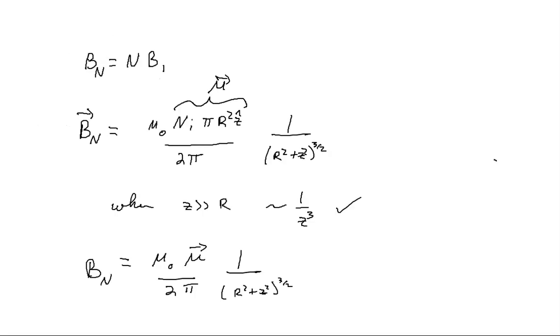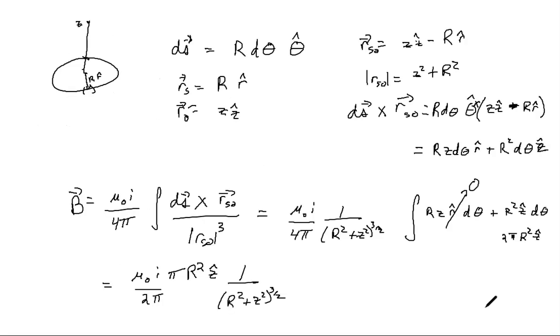Now, to build this situation, going back to just a single loop, we found the formula for the magnetic field above the center of a single loop centered in the XY plane. To get two loops, one up and one down, I'm going to put Z equals 0 in the middle. What we need to do is simply take our previous formula and shift the result up to get the top loop and shift the result down to get the lower loop.